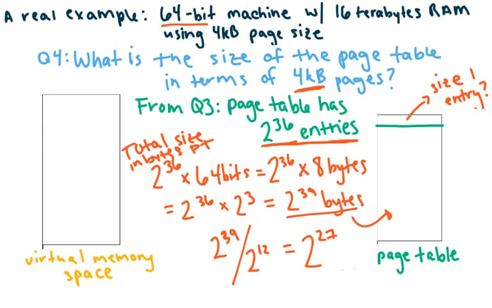Okay. So I have 2 to the 27 pages, or 4 kilobyte pages, in my page table.